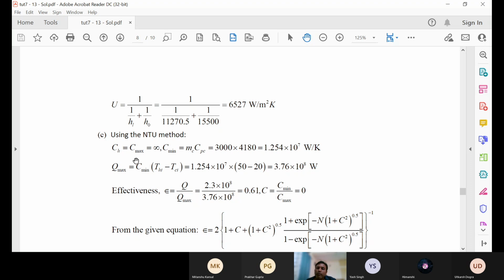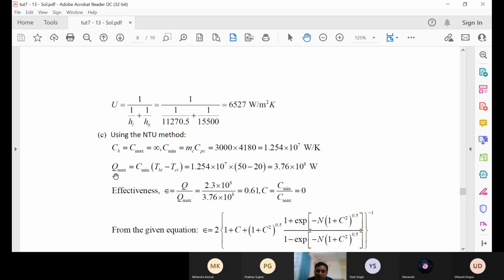Okay. Now you can calculate Qmax. So Qmax is what? Qmax is given as Cmin into delta T, and delta T will be the maximum temperature difference present in the heat exchanger. Remember, when we looked at the heat exchanger, we said that the maximum heat transfer is obtained when one of the fluids approaches the maximum temperature difference, and that is the fluid having the minimum specific heat multiplied by mass.